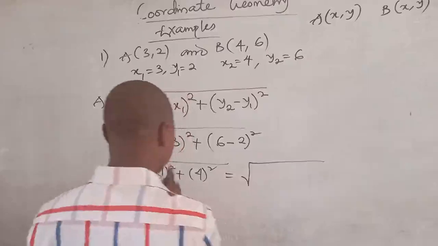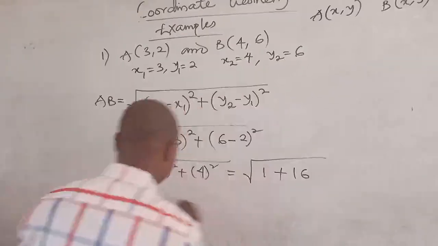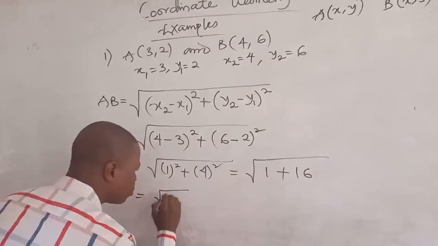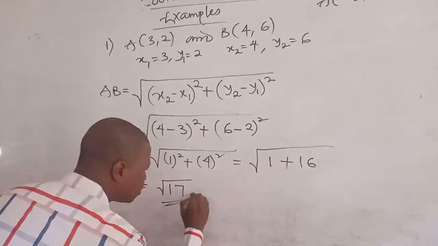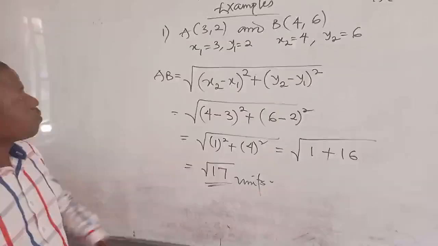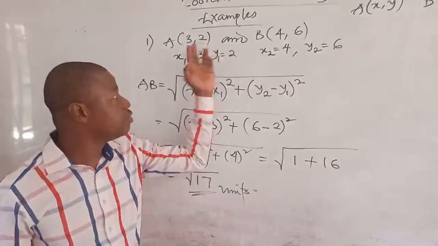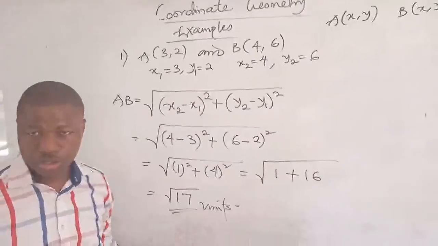So 1 squared gives us 1, 4 squared gives us 16. And so this is square root of 17. 1 plus 16 gives us 17. So the distance between points A and B given these coordinates is root 17 units.